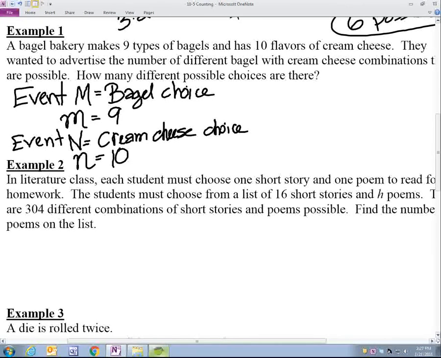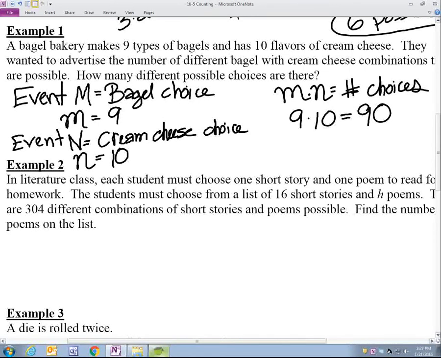So I have my m multiplied by n equals the number of choices. I just need to substitute those in there. So I have my lowercase m, which is going to be 9. I have my lowercase n, which is going to be 10.